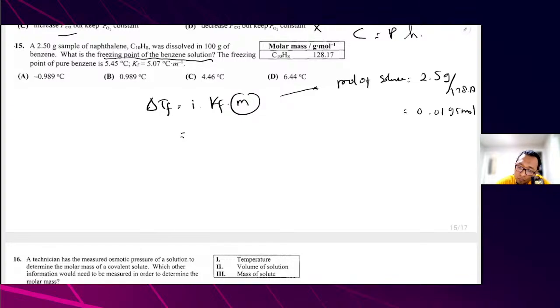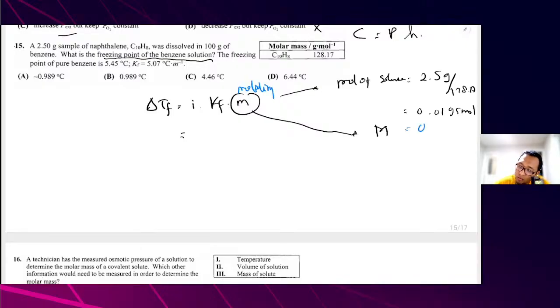This one is still mole. We need to get the molality. The m here is molality, not mole.